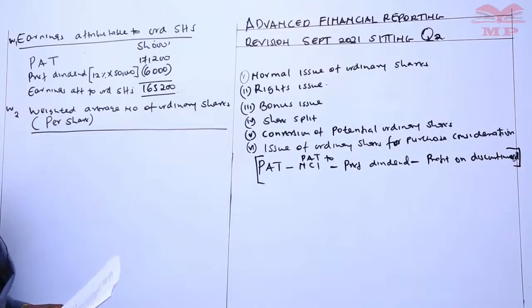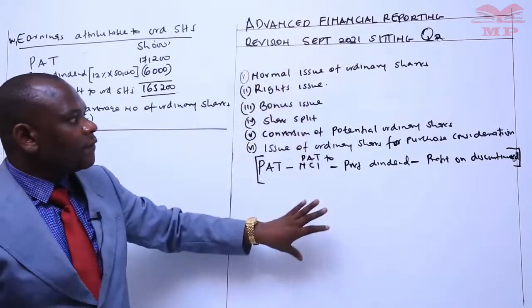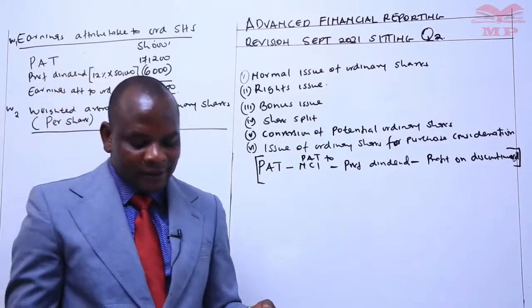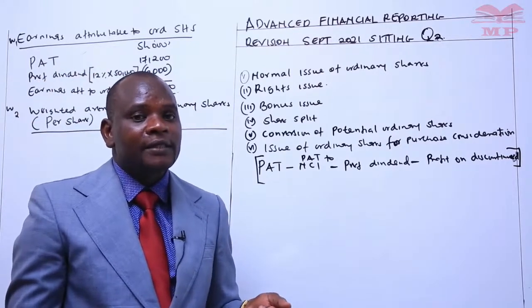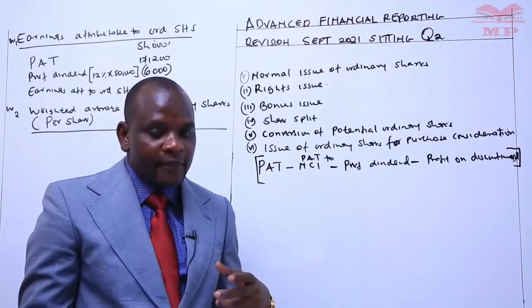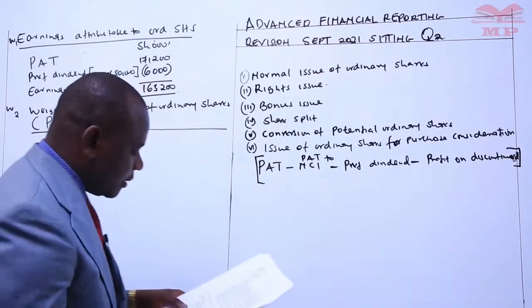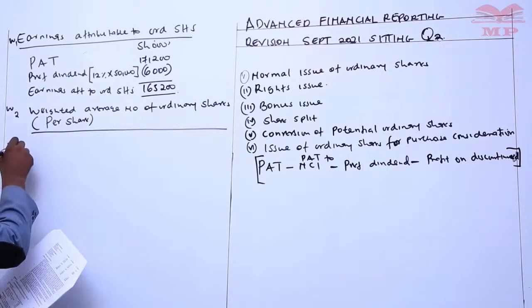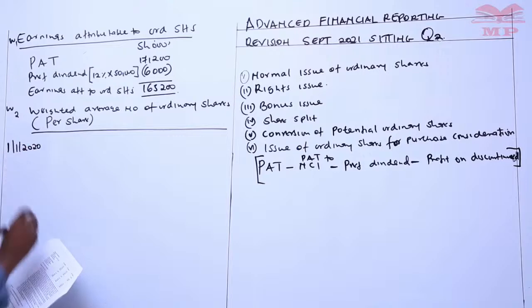So how do we start? Before we proceed to any of this, we must first determine the opening balance, or number of ordinary shares that were outstanding at the beginning of the financial year. So by 1st January 2020, very important.